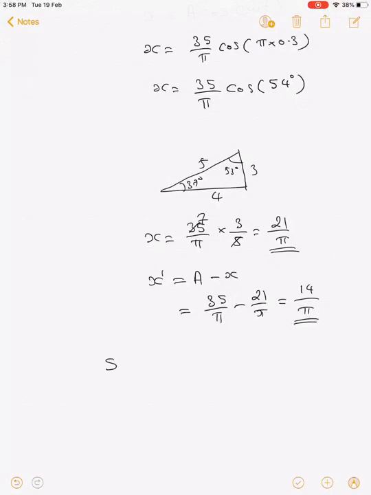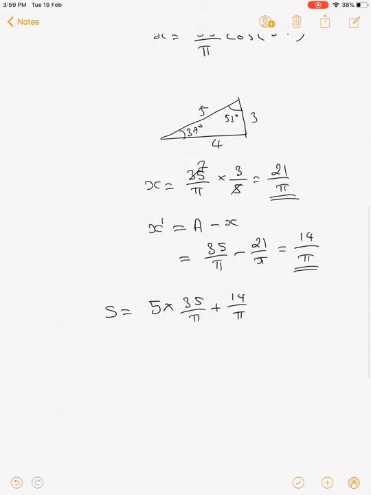So we can find the net distance, that is 5 times the amplitude of oscillation, 35 divided by pi, plus 14 divided by pi.